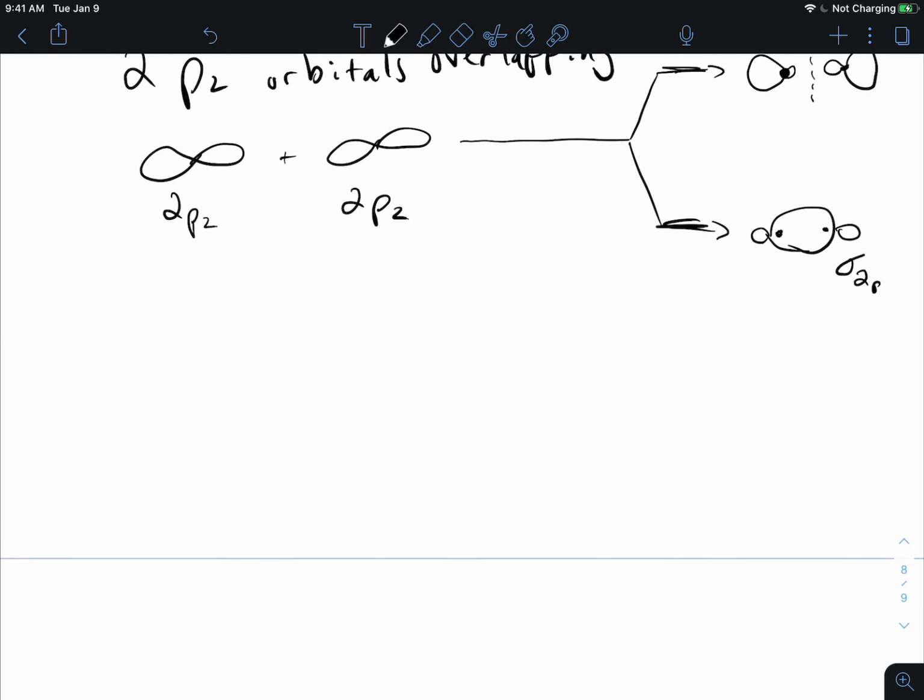If we have our sideways overlap, so 2px overlapping with another 2px, the energy difference is not going to be as great.